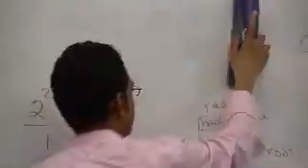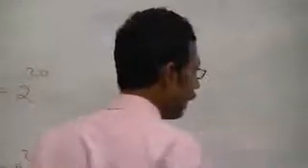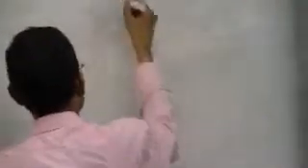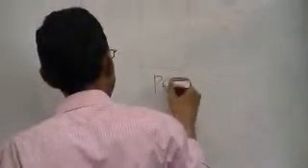Right, so let's do this problem. Assume that the passwords are stored in a file that contains 2 to the power 10 hash passwords. So I have a password file, and there are two things here: the password file and the dictionary.